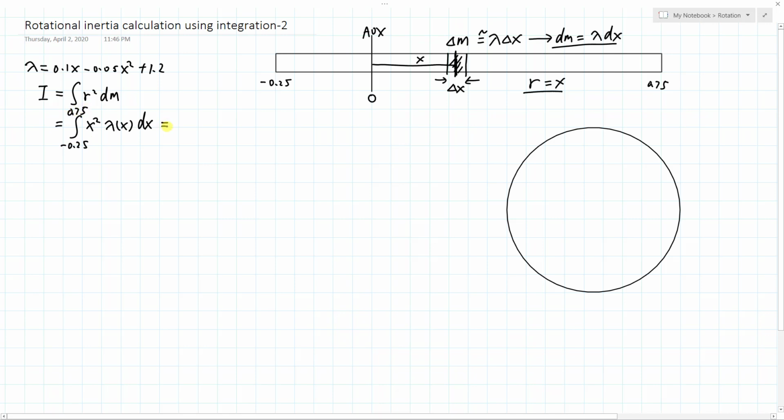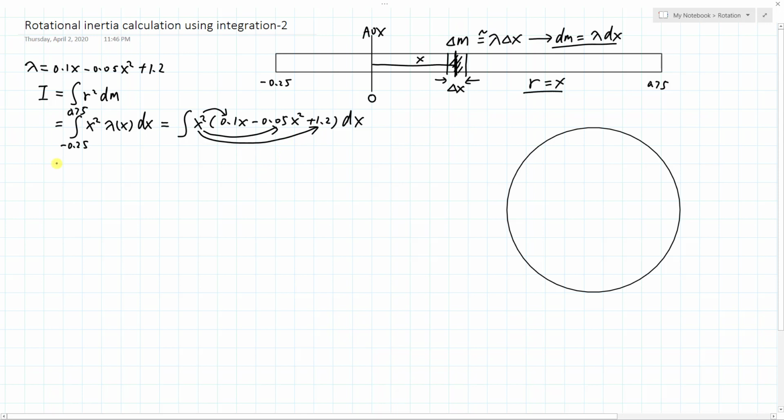Alright, so let's plug in lambda. So x squared times (0.1x minus 0.05x squared plus 1.2) dx. We have three separate polynomial terms to integrate, right? Just distribute that x into the parentheses. So we have three separate integrals.